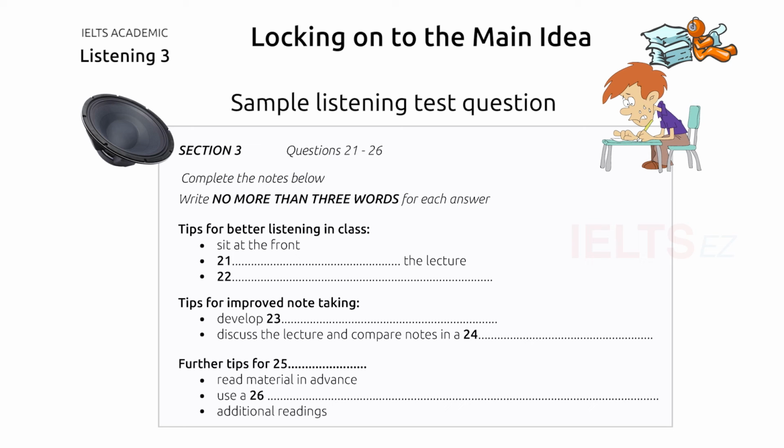That's really helpful. Thanks a lot. Do you have any suggestions about note-taking? Yes, a lot of students find this difficult at first. My best advice is to come up with your own system, something that works well for you. I always encourage study groups. It's important to discuss the lecture and compare notes with each other to make sure you don't miss any important information. This really helps with revision of lectures.